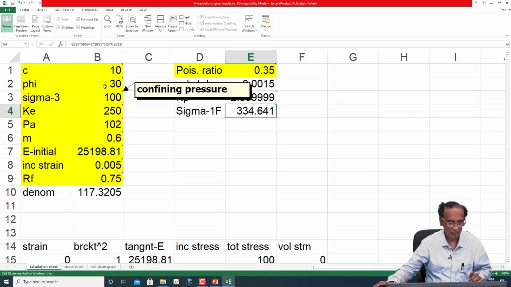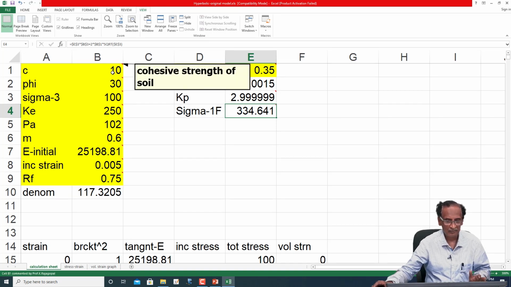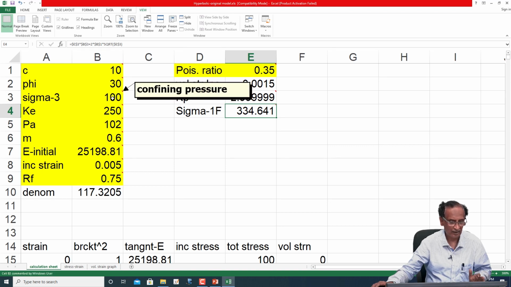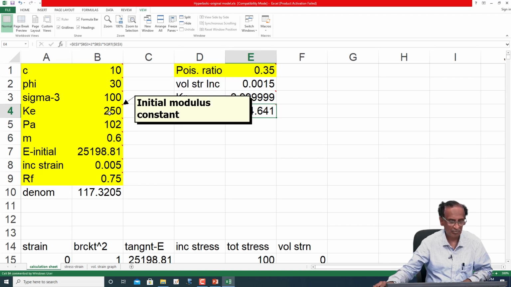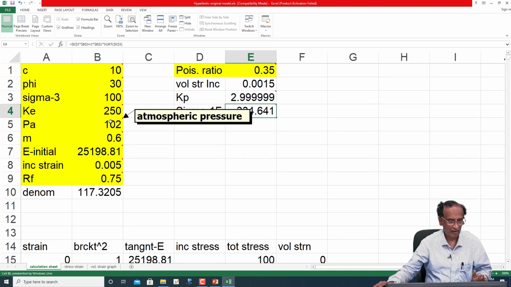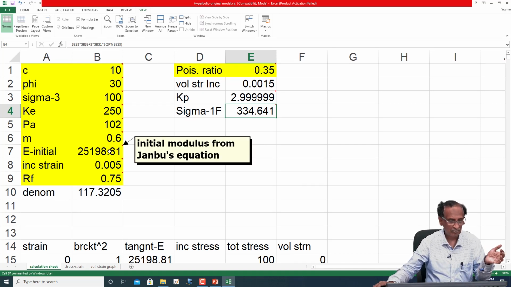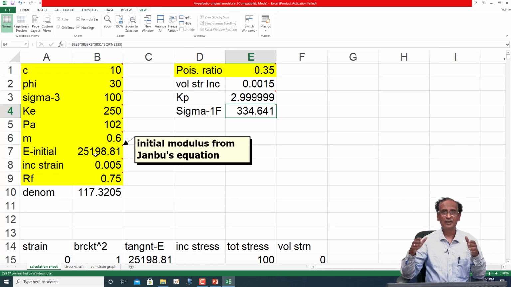The basic input that you need to give is the cohesive strength C, friction angle phi, the confining pressure sigma 3, then the Ke, and then atmospheric pressure, and then the exponent m in the equation, and then our initial modulus, Ke times Pa times (sigma 3 by Pa) to the power m.